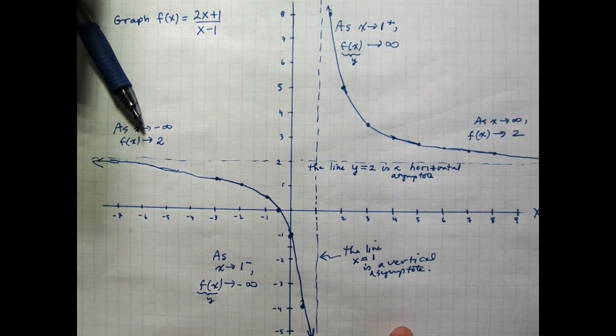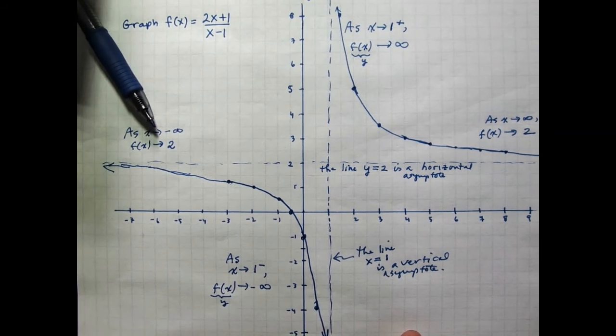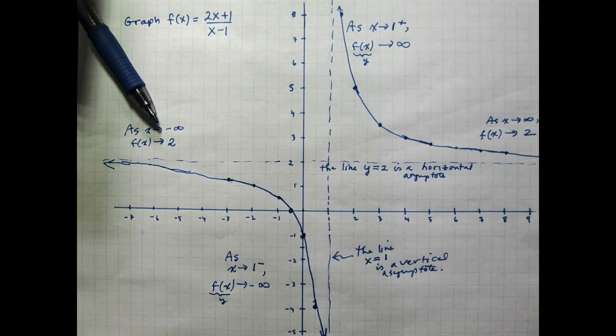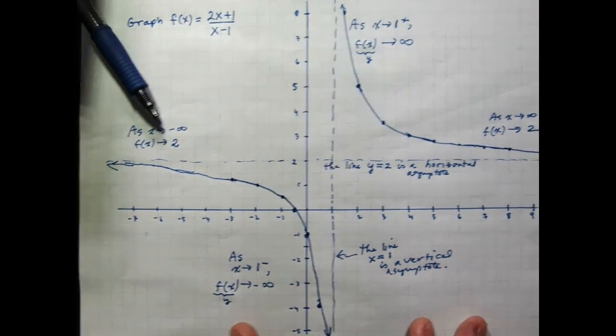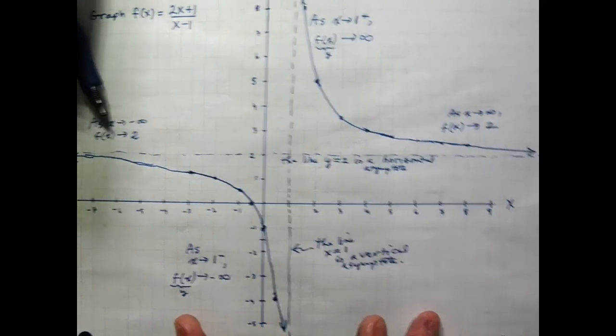And I think we got our graph here. We got these two asymptotes. It's a shape very similar to f of x equals 1 over x, but the asymptotes have moved around. I don't quite have it all in there at once.